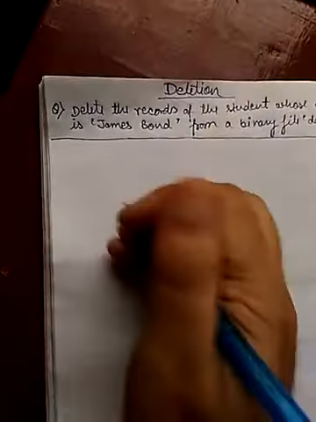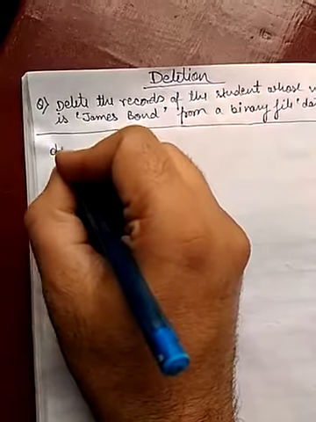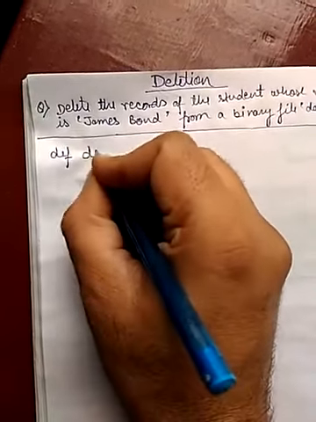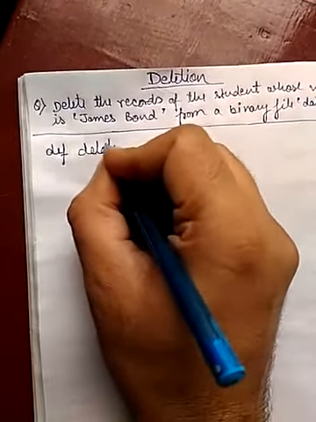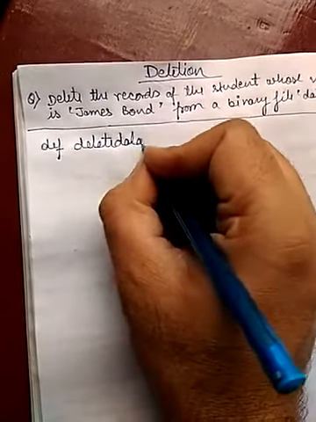Now we are doing the concept of deletion. In this question, the task to be implemented is that we have to delete the record of that student whose name is James Bond. So how can this be done? Def delete_data.